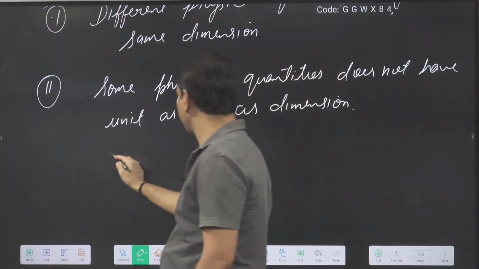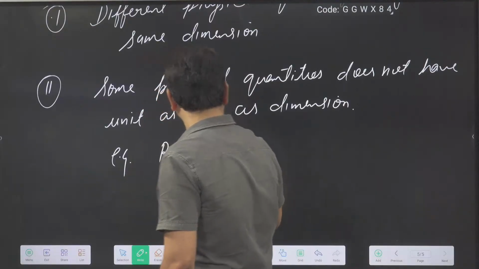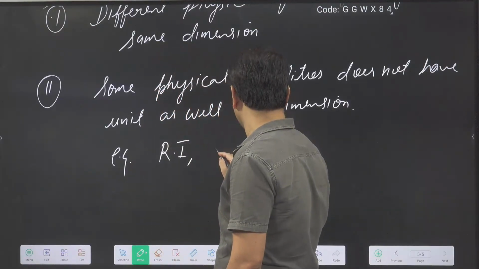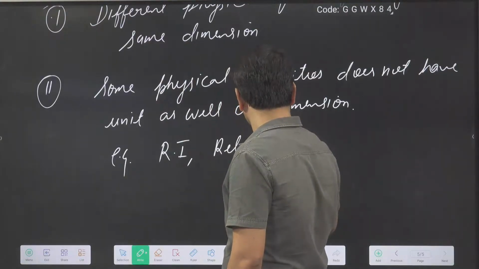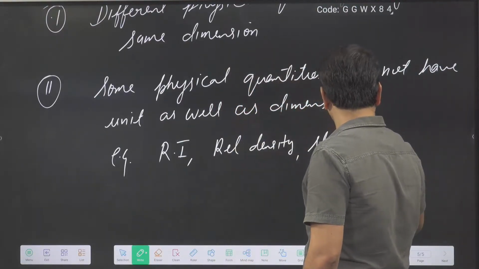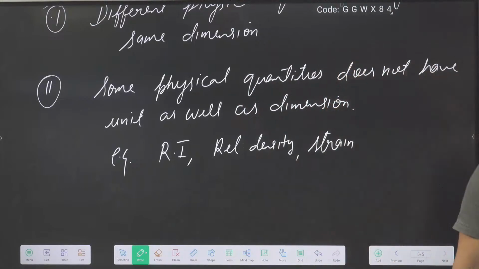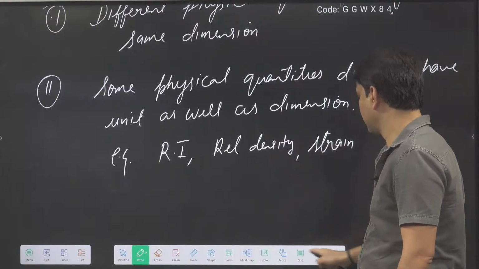Examples I already said: refractive index, relative density, strain, friction coefficient, etc. Completed.